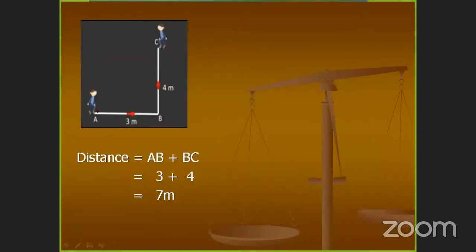See here the calculation: the total distance covered by the boy is AB plus BC. The length of AB is 3 meters and the length of BC is 4 meters, which equals 7 meters.